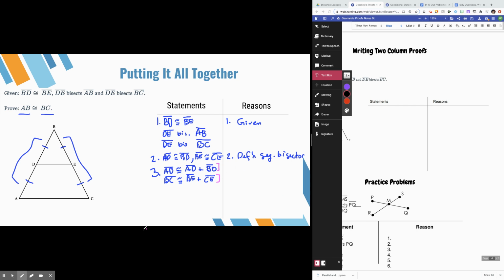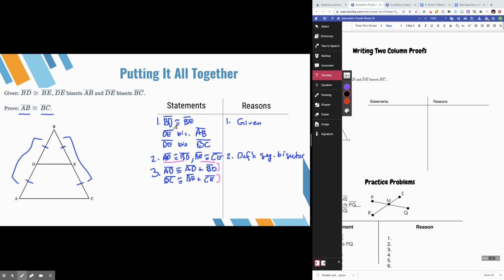But do you see how we have all of these segments that are equal? So I can plug AD in for BE. And I can plug BD in for CE because they're all congruent, right? That's what all of these statements are.